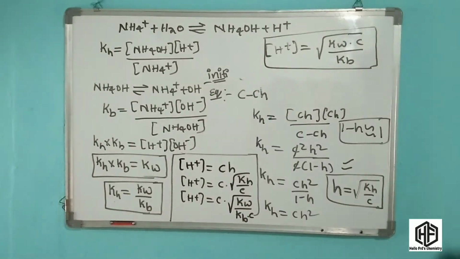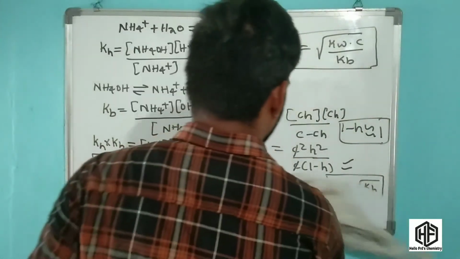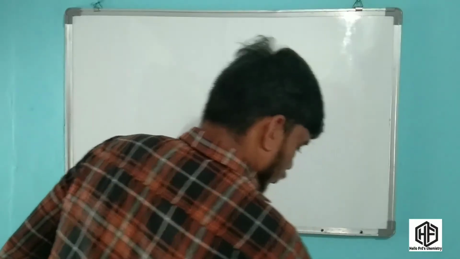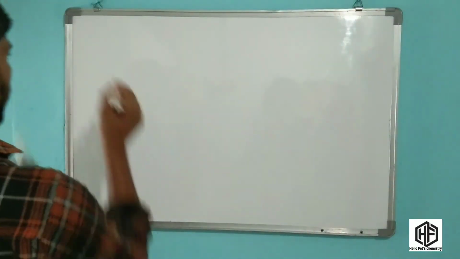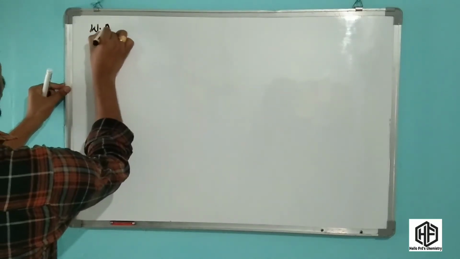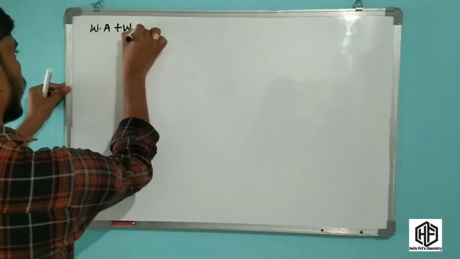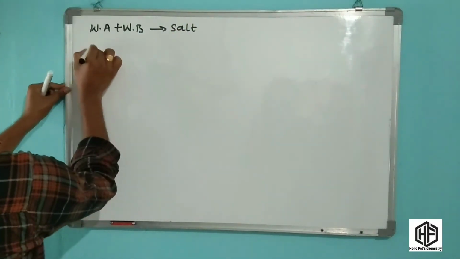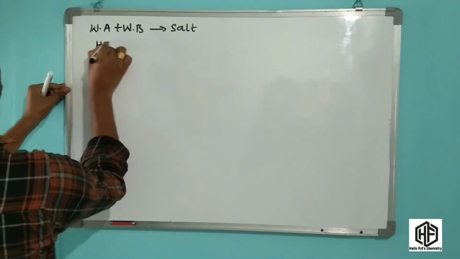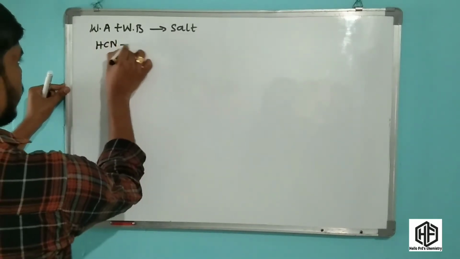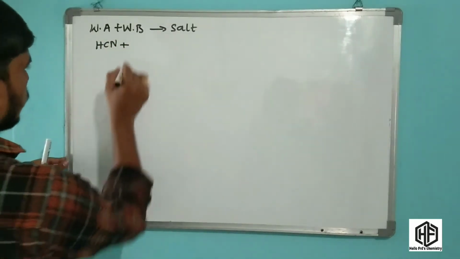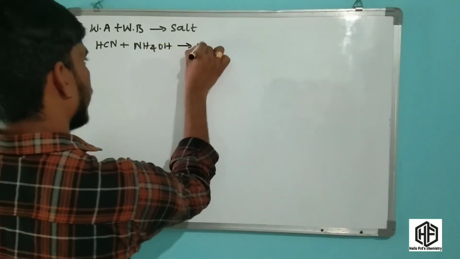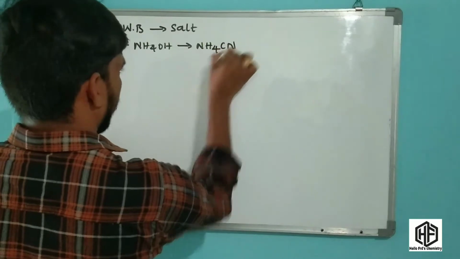Next, one more concept is the weak acid and weak base. A weak acid and a weak base give a salt. Weak acid example is HCN, and weak base example is NH4OH, which gives NH4CN.